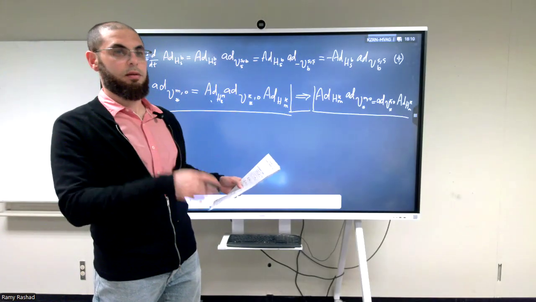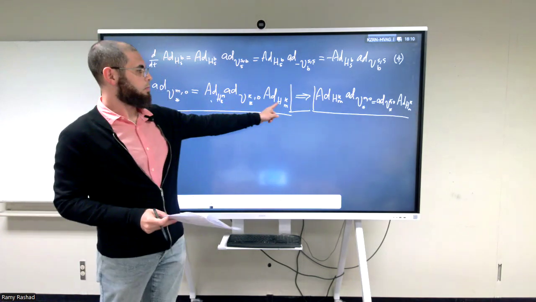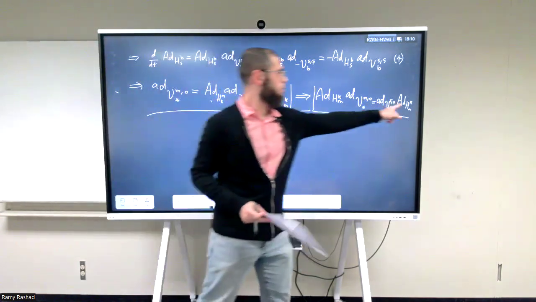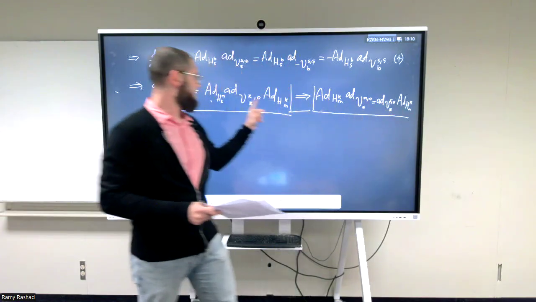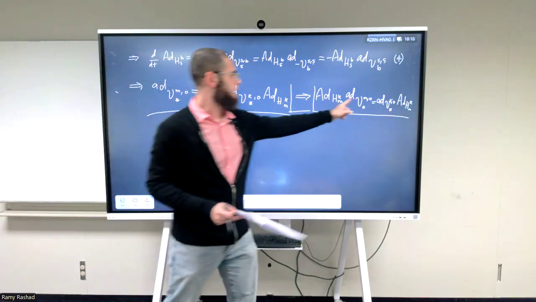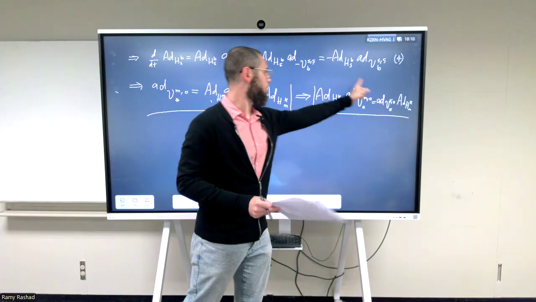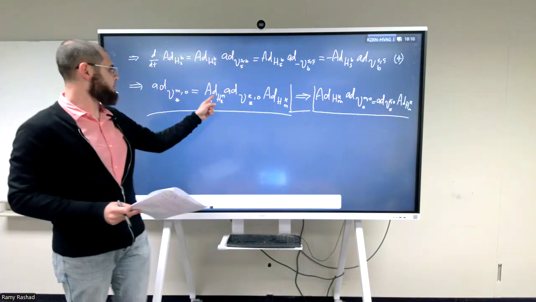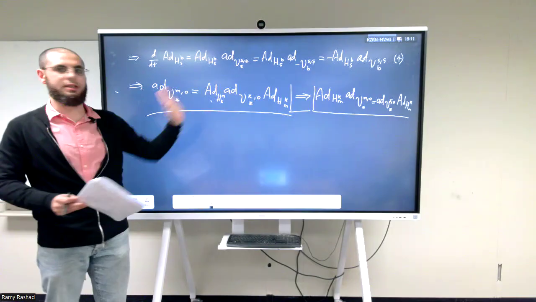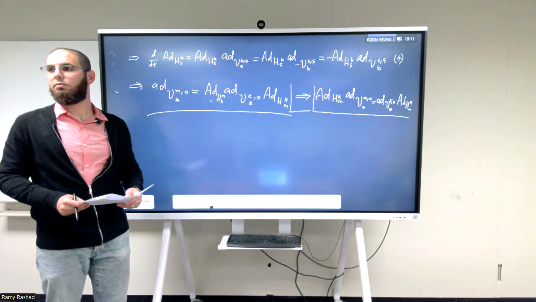From the left, you mean? This one. This is here. This is this one. And the adjoint that was here, we put it on the other side with an inverse. That's exactly what we did. So these are the same expression. Okay? Same property.